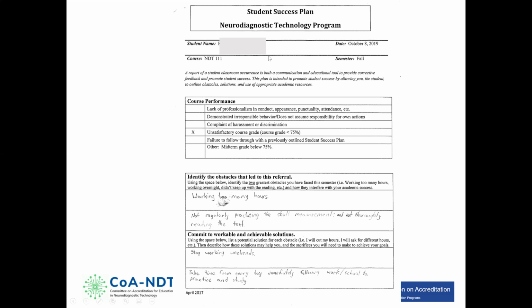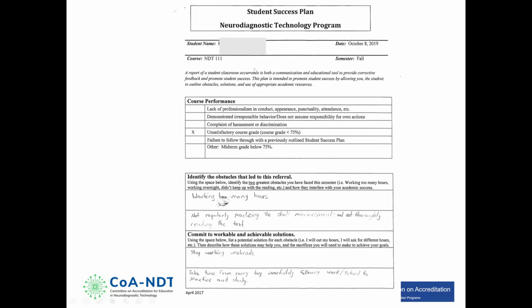They also have to find solutions, because many times we assume what they're going through, or we assume the solutions for them, but this puts them in control and makes them understand that we are there to help them succeed. So this student felt like he was working too many hours and that he really didn't practice much in between. One of his solutions was that he would stop working weekends, and then he would take time.